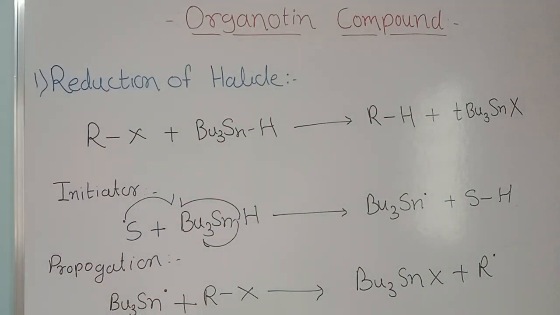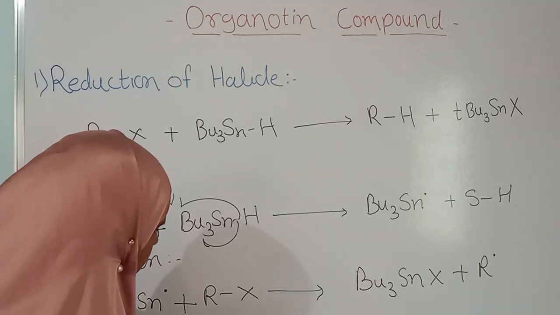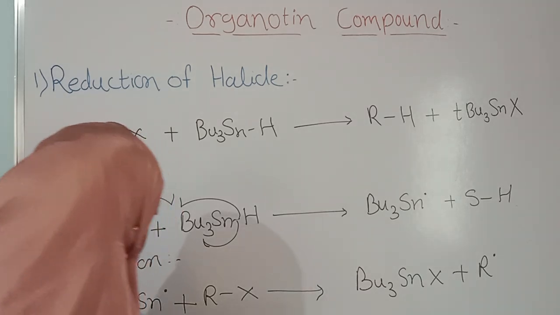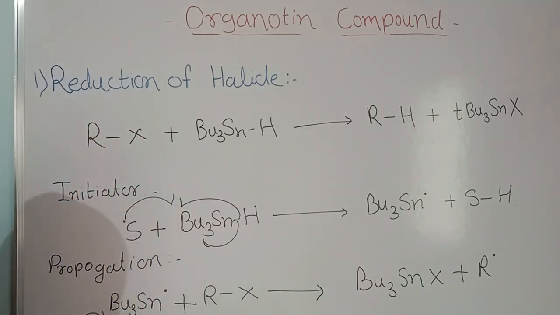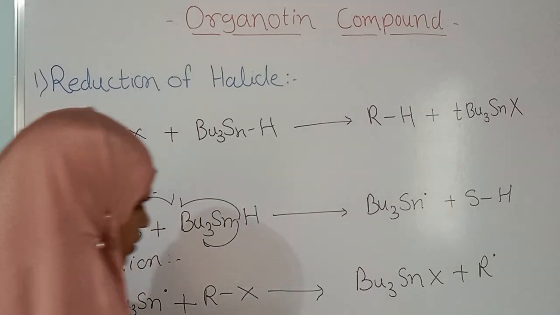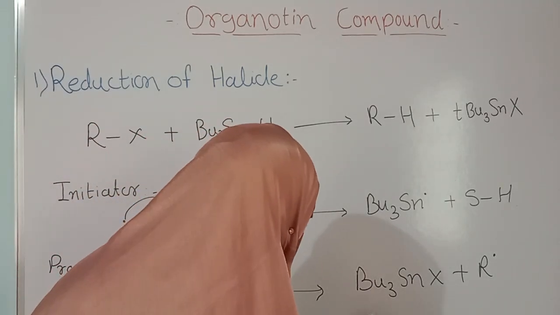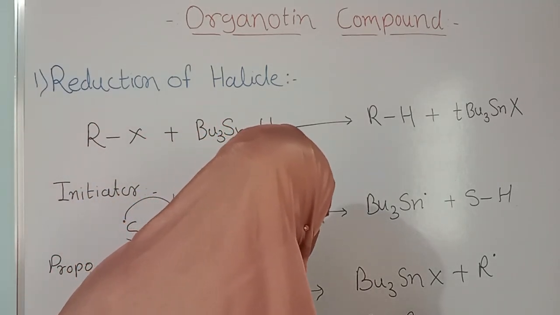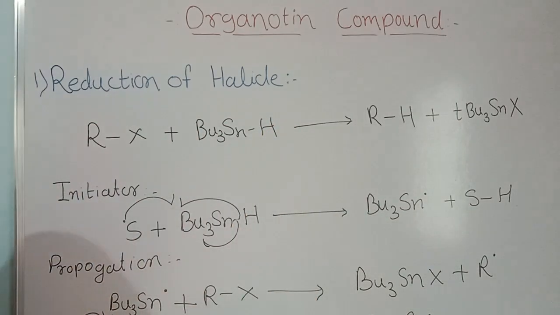This R radical again reacts with another molecule of tributyl tin hydride. Then we get tin radical.